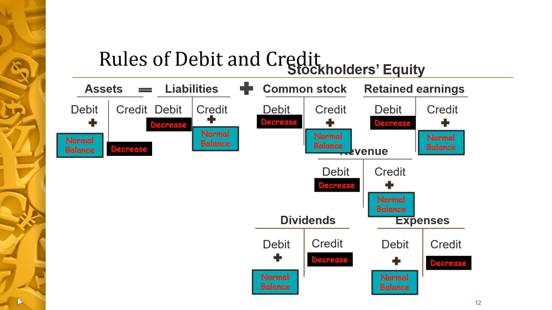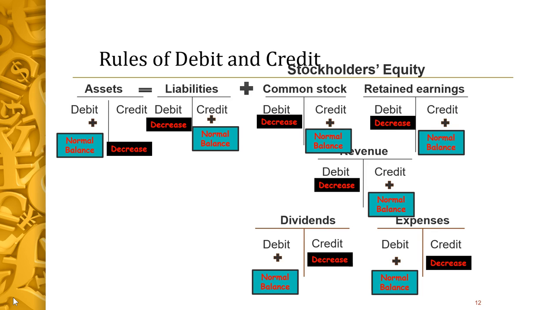Now, here's something to remember. If an asset, going back to assets, if you end up with a credit balance, something's wrong. Okay? If you have liabilities and you end up with a debit balance, something is wrong.